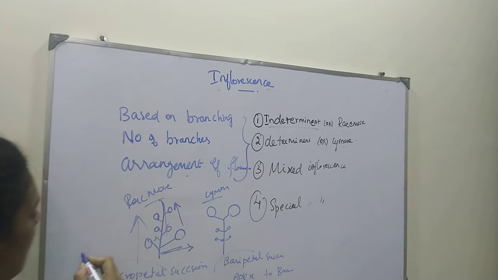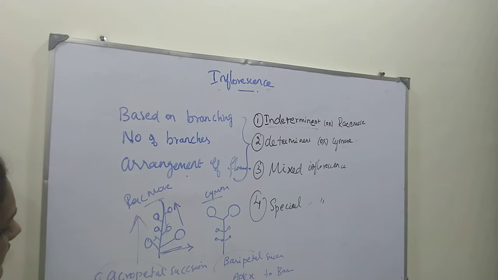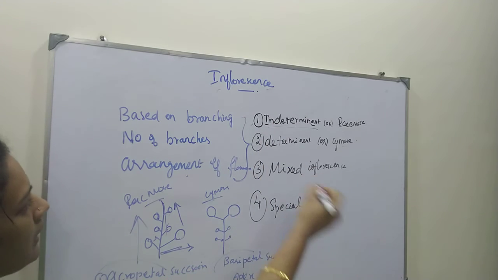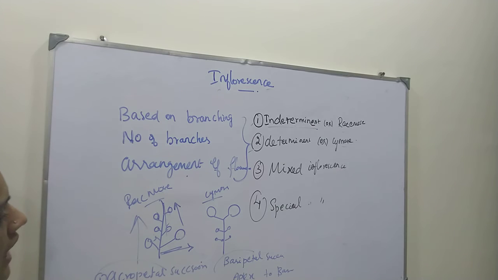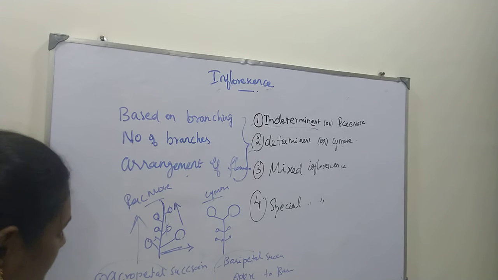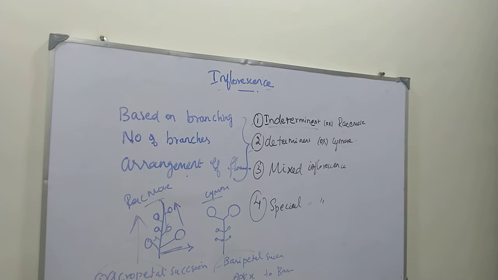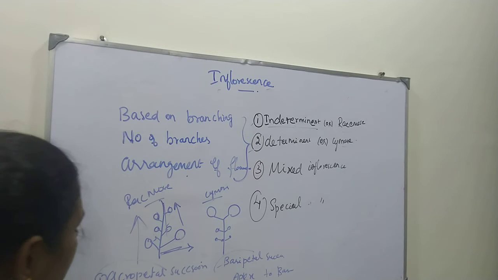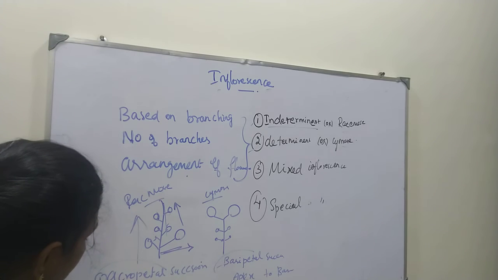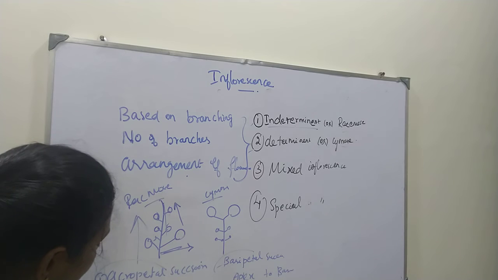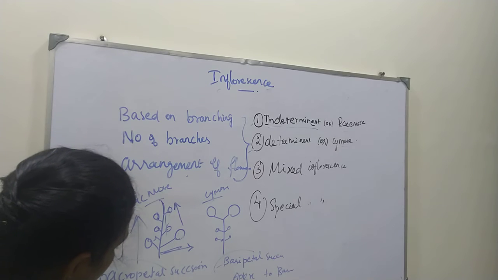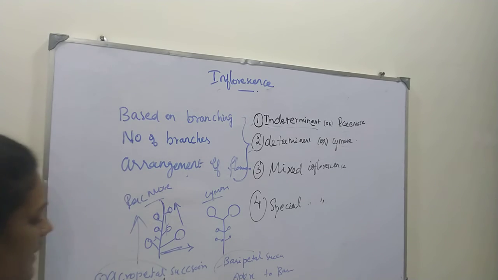So racemose is one type with acropetal succession and unlimited growth, and cymose has limited growth and basipetal succession. I want to say that this acropetal succession, along with that, has the centripetal. What is this called? Centripetal.